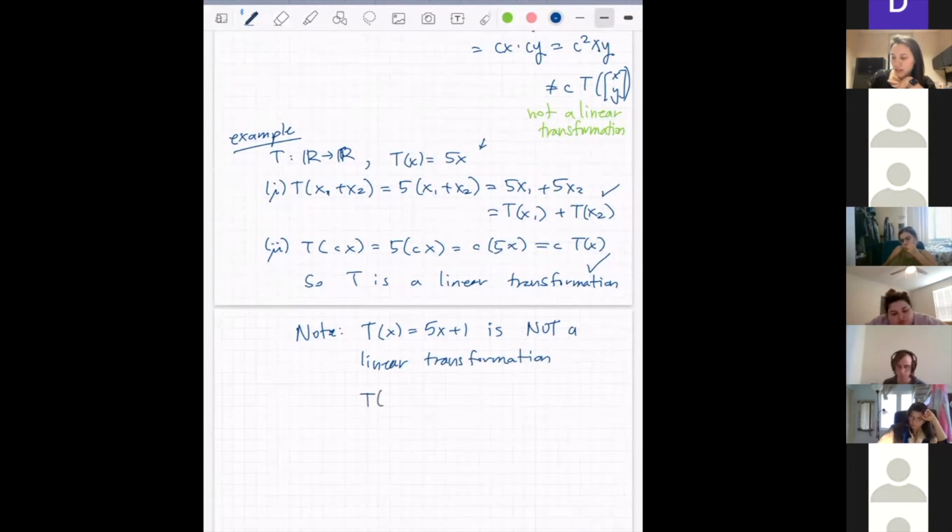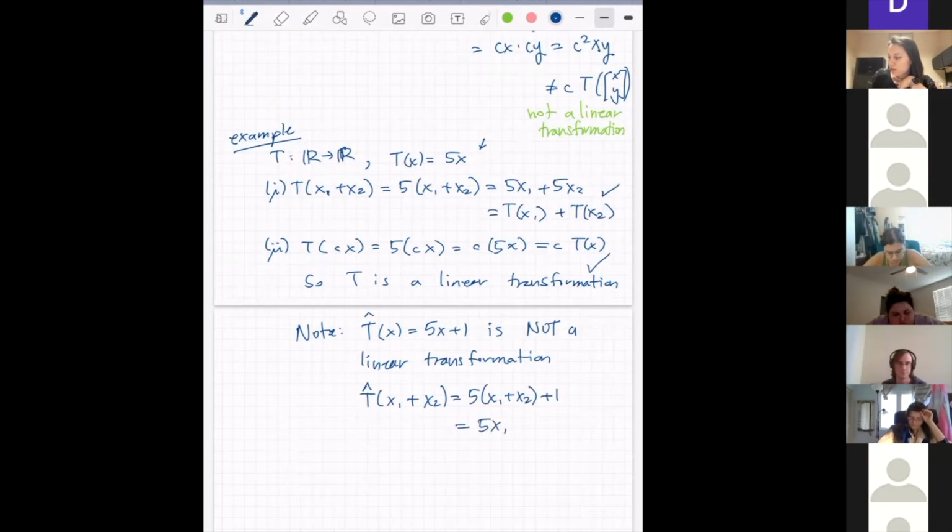So if we look at, say, I'll give this guy a little hat. This is not a linear transformation. If we take x1 plus x2, and we just evaluate this, we get 5 times (x1 plus x2) plus 1, and we get 5x1 plus 5x2 plus 1, and then this would actually be t of x2, but this is not t of x1, right?